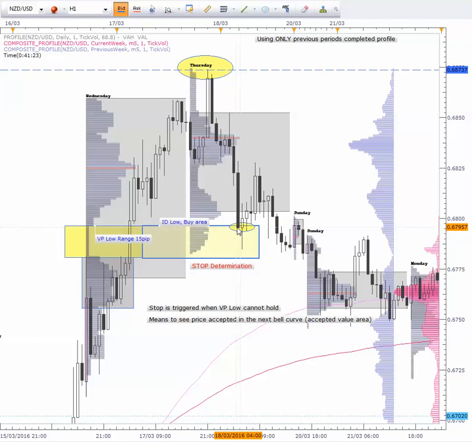The entry is going to be either as price came onto this blue line, or on the open of the next bar, and I'm going to be holding tight for 1 hour.